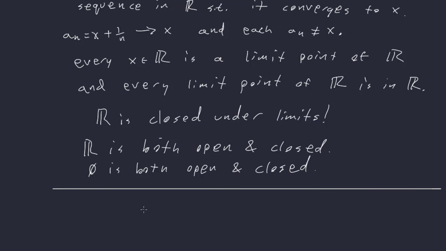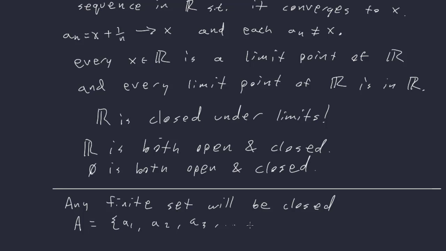Another thing that might seem a little out of whack is that basically any finite set is going to be closed. Well, if you think about why, if say the set A equals A1, A2, A3, on up to An, there's no limit point here. Every point of a finite set is an isolated point.